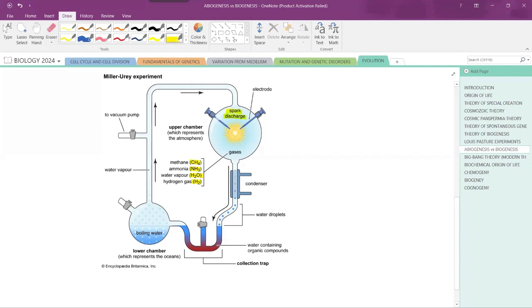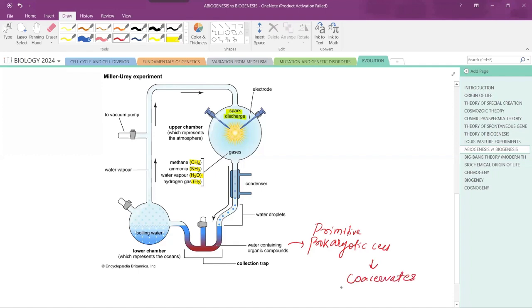Okay, and after some time, when this collected water is studied, you will see the formation of prokaryotic cells, or primitive prokaryotic cells, which are known as coacervates.